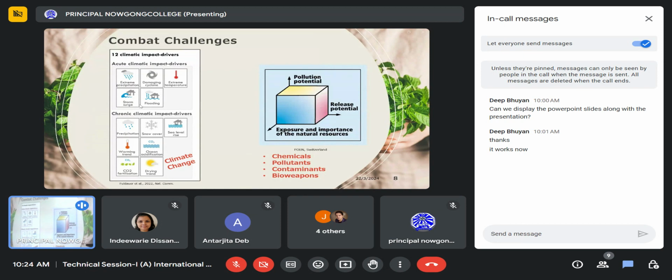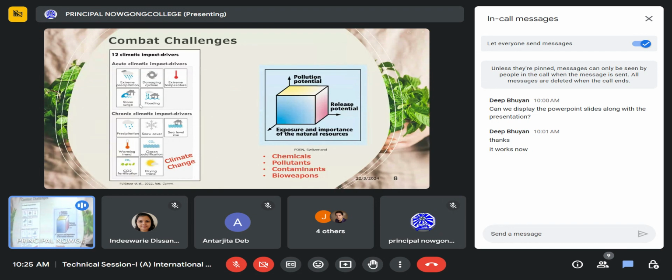Here on the right hand side is a diagram that the Swiss Ministry of Environment came up with to highlight different chemicals which are pollutants, can be contaminants, and can even be used as bioweapons. Based on their source, their release mechanism, their exposure, and their importance to the natural resources, they can cause challenges to our existing infrastructure and resource system.